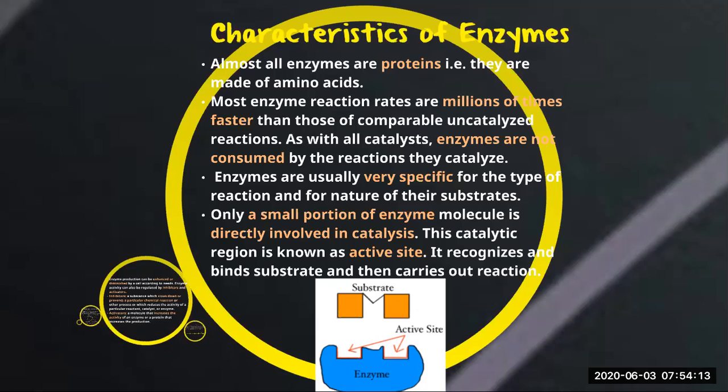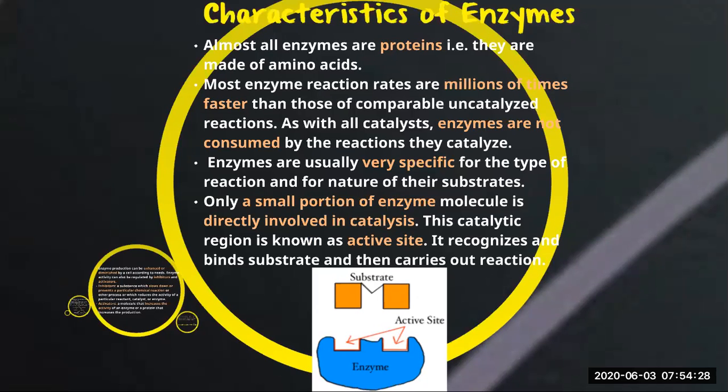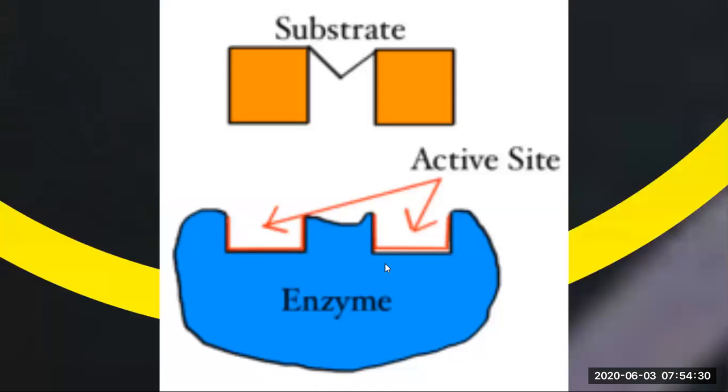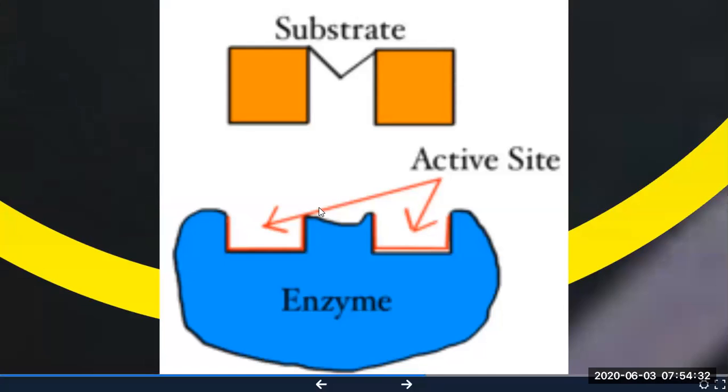The active site has a specific geometric, three-dimensional shape, which recognizes and binds a specific substrate. If we look at this diagram, the blue thing is the enzyme, where the active site is shown with an almost red line. This red area has a three-dimensional shape.